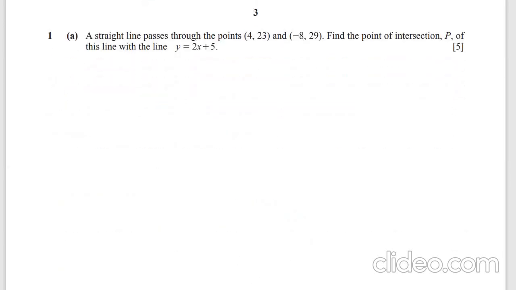The first question, we have to find the point of intersection. First of all, we need to find the gradient of the first line, change in y over change in x.